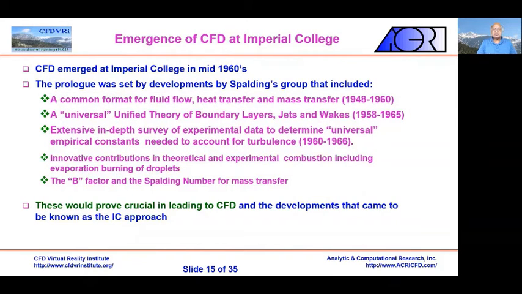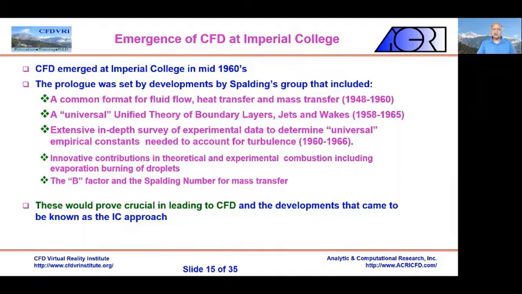So how did CFD emerge at Imperial College? Well, it started emerging in the mid-1960s. But as happens with science, the prologue was set by some very important developments that Spalding's group had already undertaken.